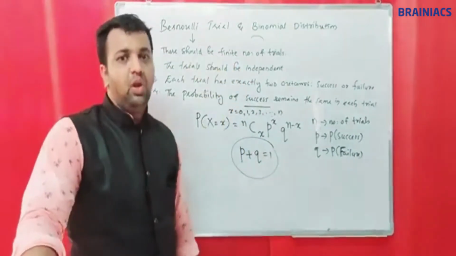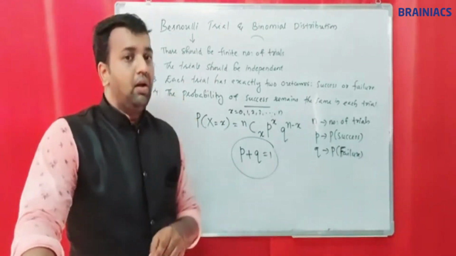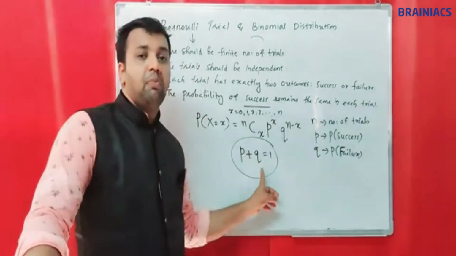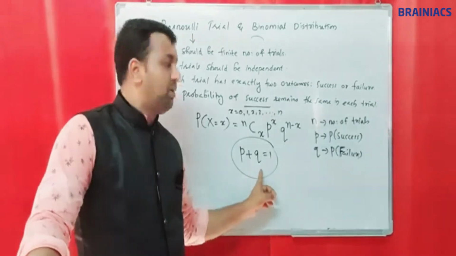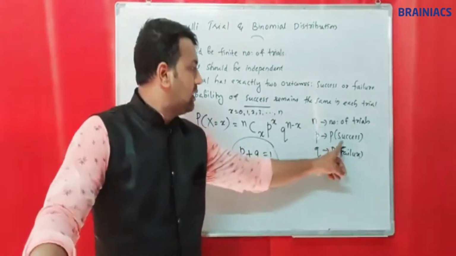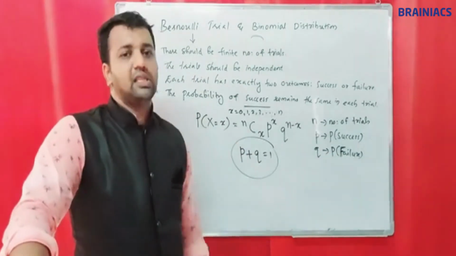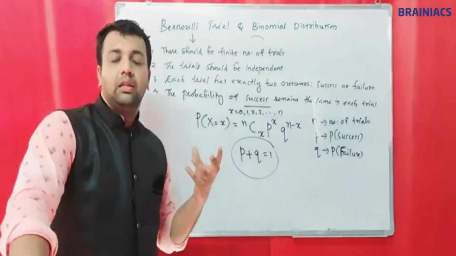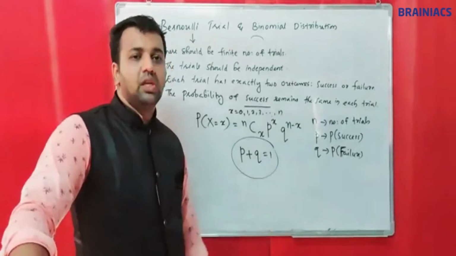We already know that the sum of probabilities in an experiment is always 1. Here success and failure are the only two results, so the sum of probabilities P plus Q is equal to 1.